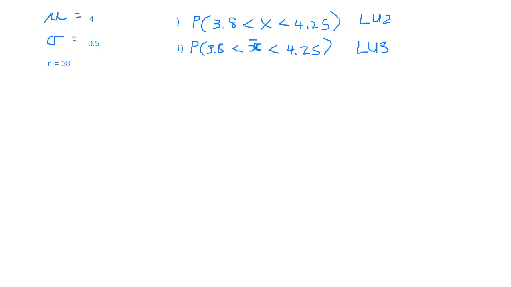So the thing is, they're saying that you're in a plant and you're measuring the lifespan of a battery. All right, that's what x is. Okay, so if you take a single battery and you try and determine the probability of that battery being between two values or being greater than something, etc. If you're taking a single battery, then you're using 1.